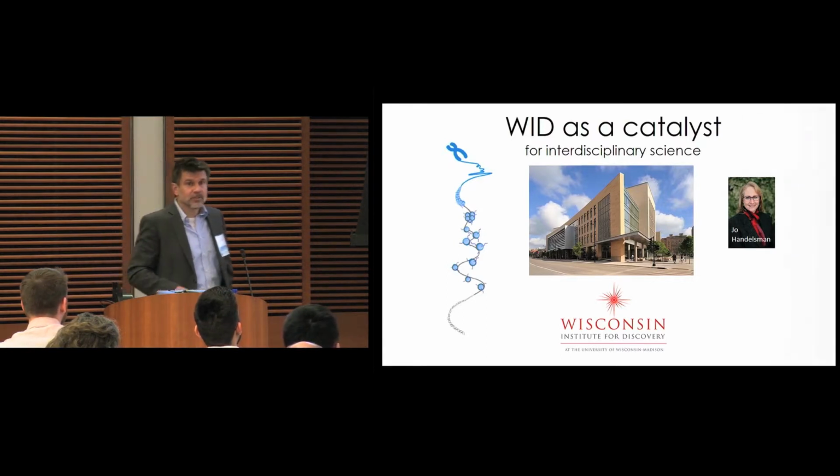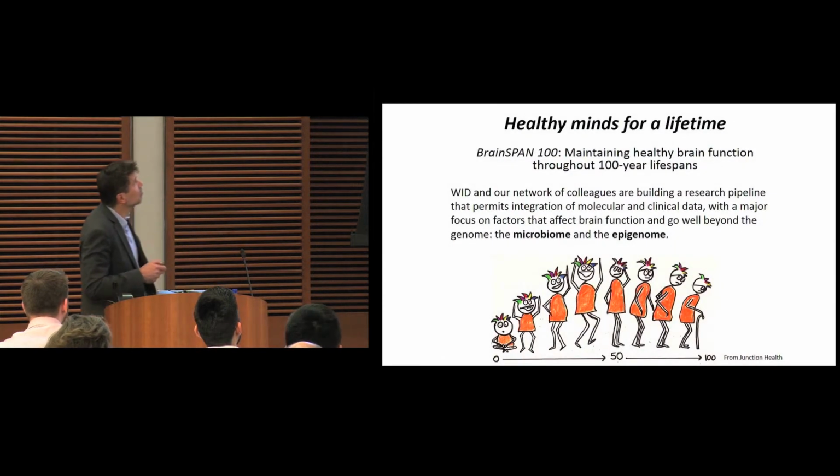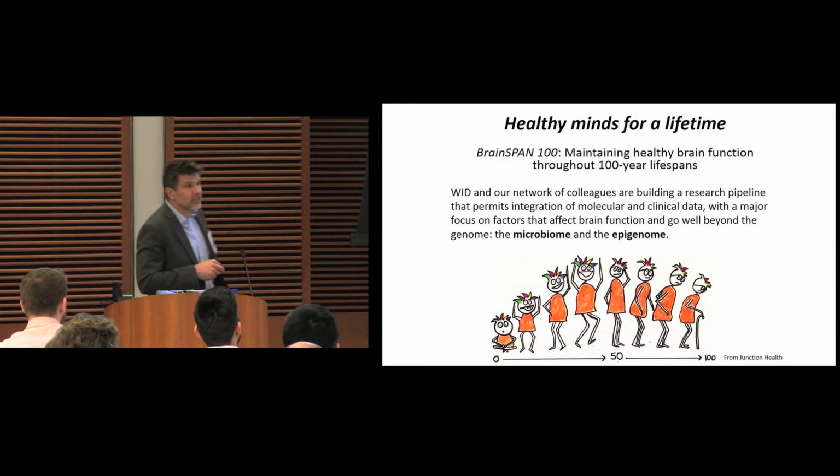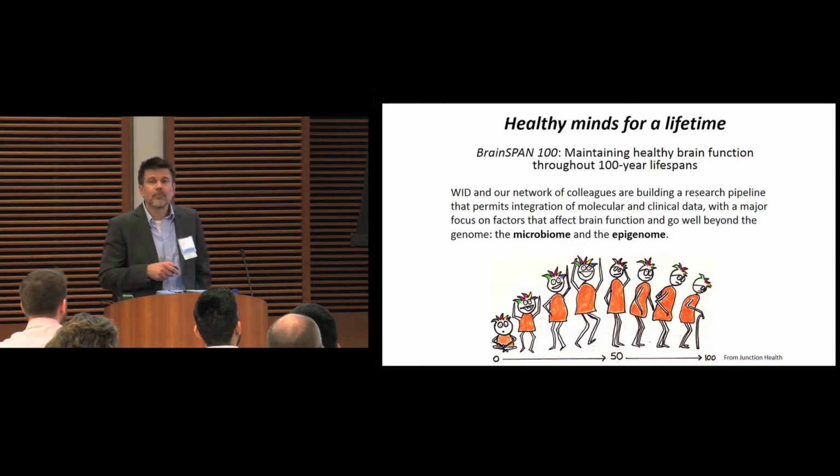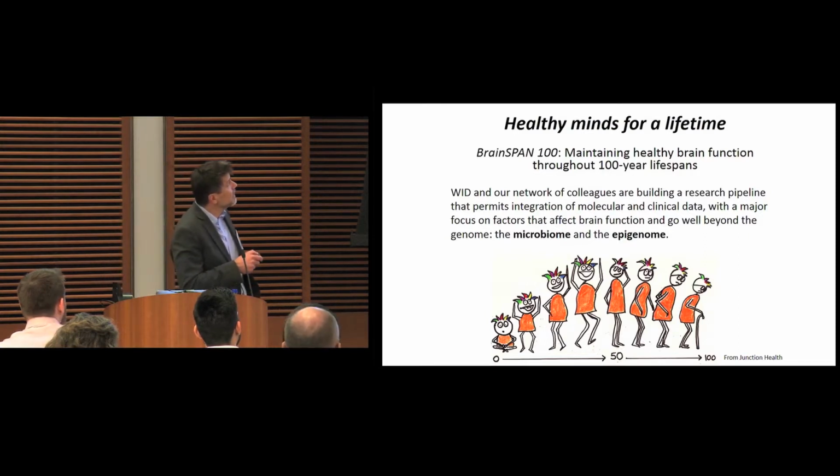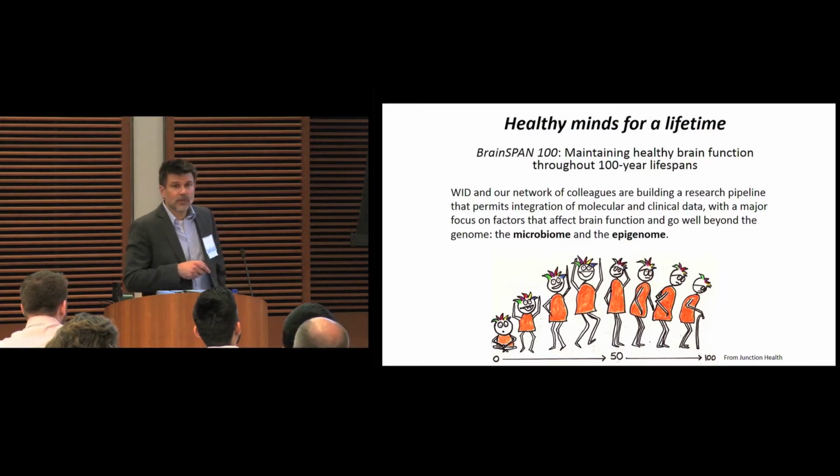And it's very pertinent to this group. We'd like to think we could create healthy minds for a lifetime. So we're calling this goal BrainSpan 100, with the goal of maintaining healthy brain function throughout 100-year lifespans.